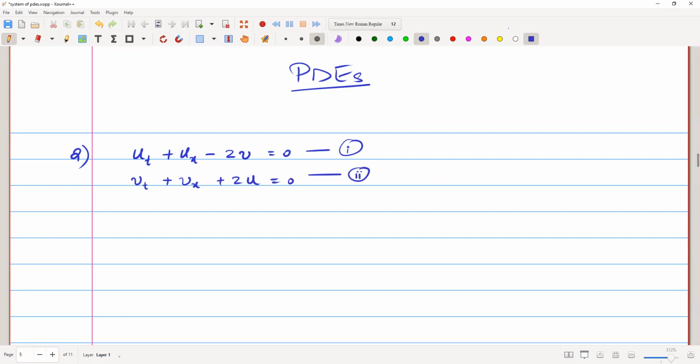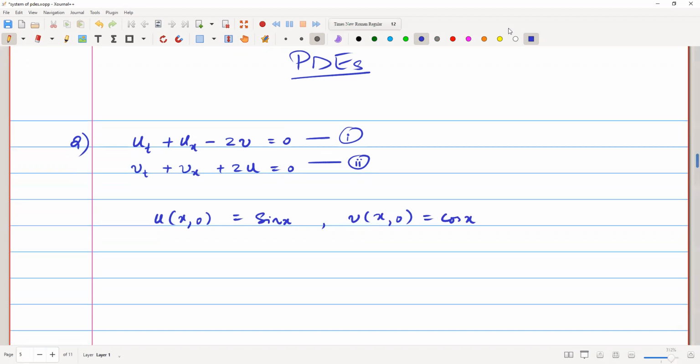That is equation number 2. And given that the initial conditions are u(x,0) = sin x and v(x,0) = cos x. All right, so these are the initial conditions for the problem.